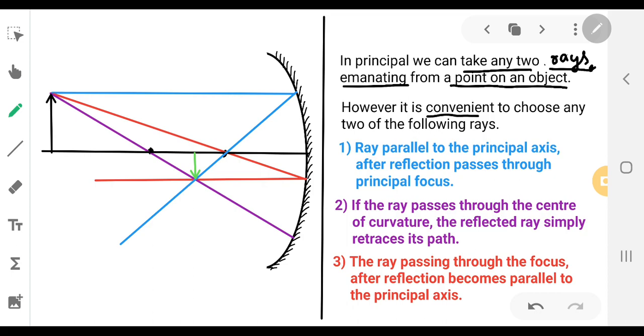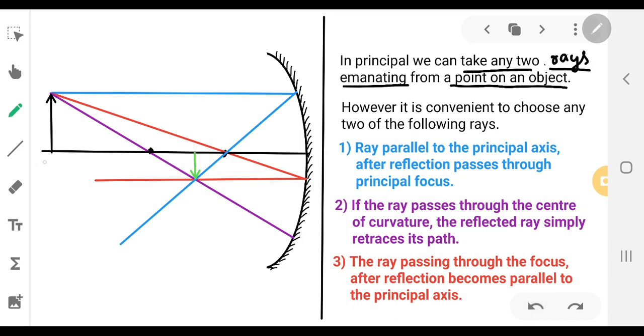It is convenient to choose any two of the following rays. ಈ ಮೂರು ಕೊಟ್ಟಾರು, ಈ ಮೂರೊಳಗೆ ನೀವು ಯಾವ್ದಾರ ಎರಡು ಕನ್ಸಿಡರ್ ಮಾಡಿದ್ರೂ ಇಮೇಜ್ ಫಾರ್ಮೇಷನ್ ಪ್ಯಾಟರ್ನನ್ನು ತಿಳ್ಕೋಬಹುದು.